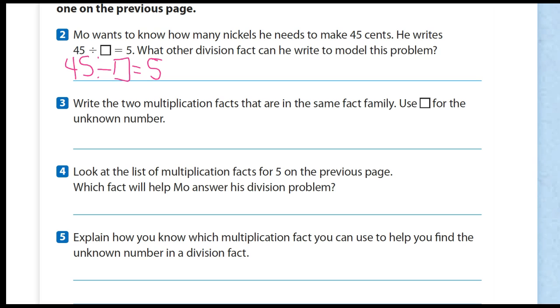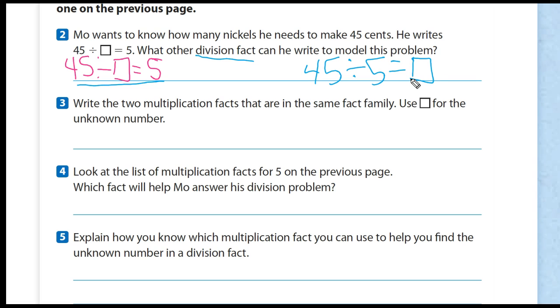What's another division fact that we could write with these right here? 45 divided by 5, in this case, and then it's my unknown. That's another way I could solve it.